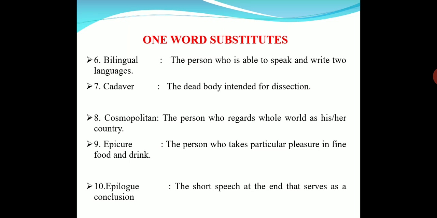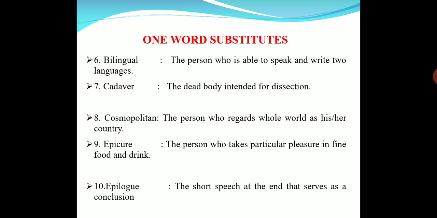What do you do when that is dissected? You study all the systems, no? How the different systems are working in that animal. In the same way, with the dead body also, especially for the medical students to know what is there inside the human body, what are the various systems, how they work, they dissect the dead body and learn practically.